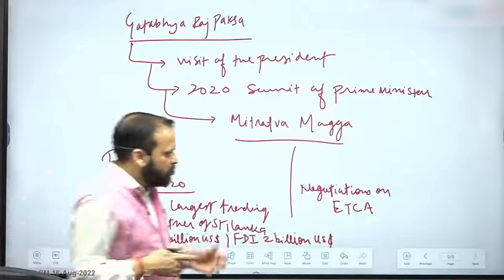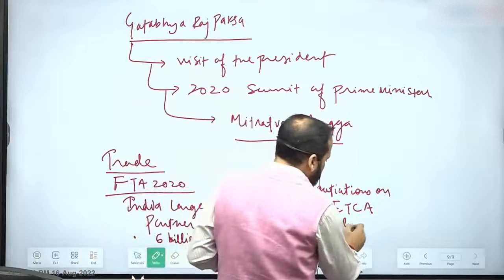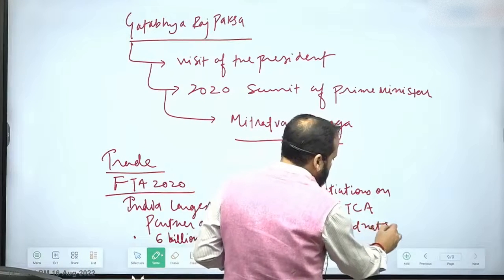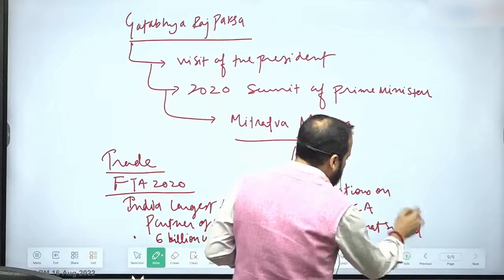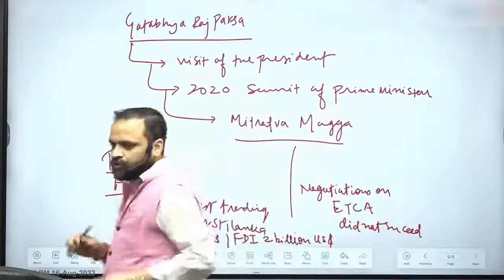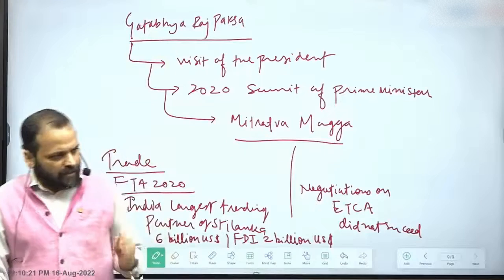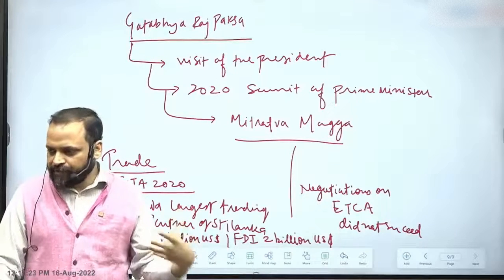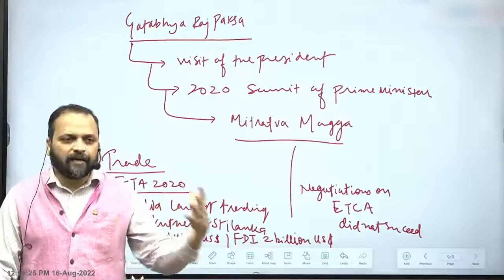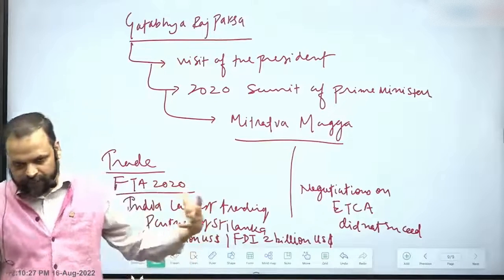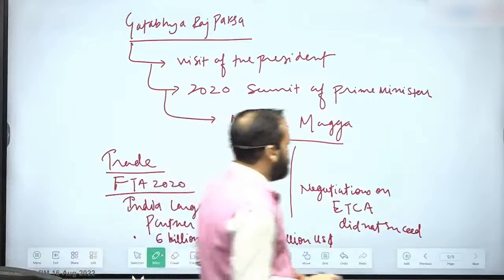So the negotiations on ETCA did not succeed. While traditional cooperation goes on, it becomes difficult in these kinds of phases to expand the relation qualitatively. So ETCA did not succeed.